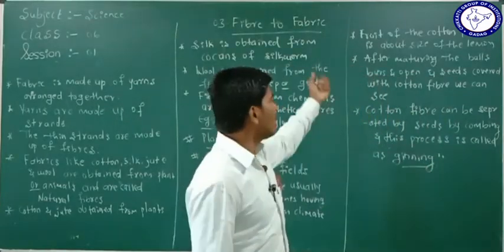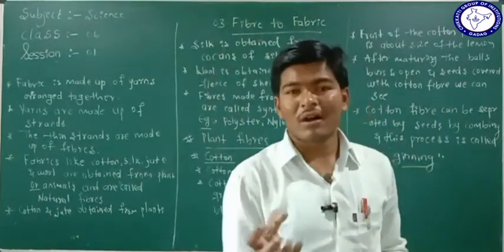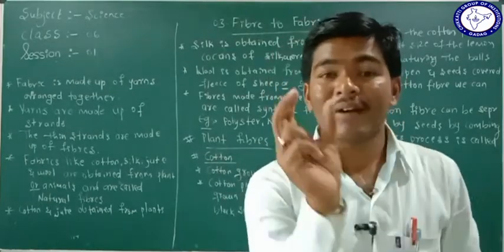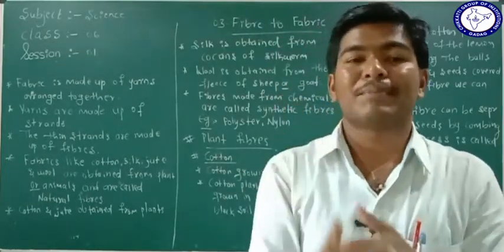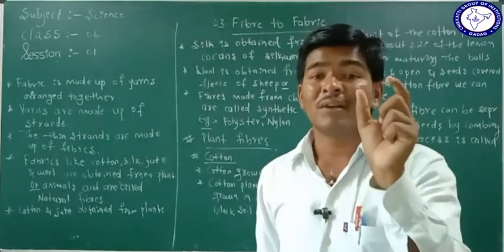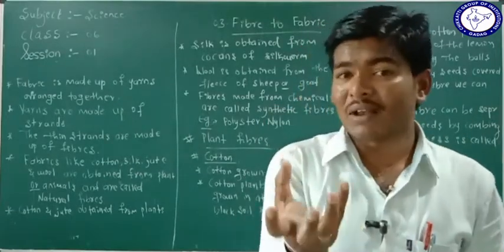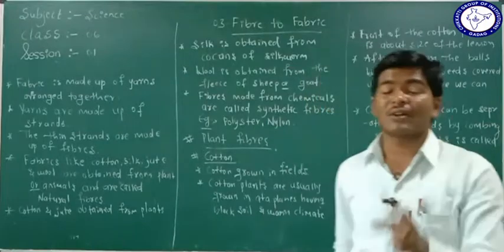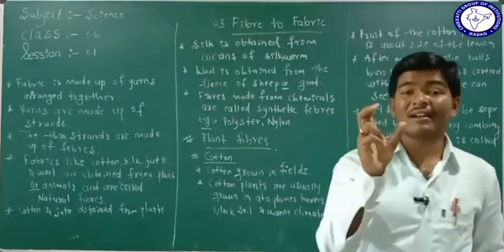In the cotton plants, some fruits are present. After the cotton grows, some fruits grow on the cotton plant. When those fruits mature, they are about the size of a lemon.